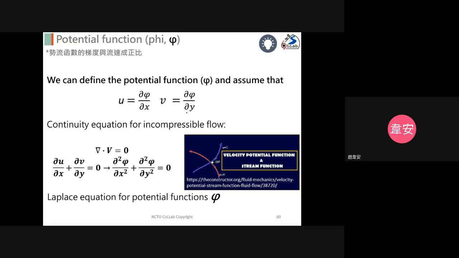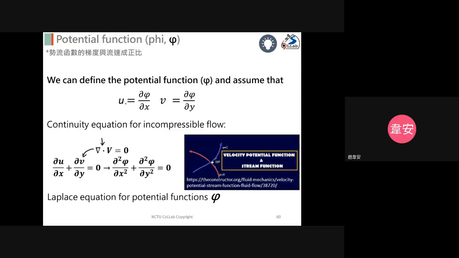If we remember, we have the continuity equation in differential form for incompressible flow, so the divergence of the velocity field is equal to 0. We can rewrite the divergence for 2D problems: du/dx plus dv/dy is equal to 0.